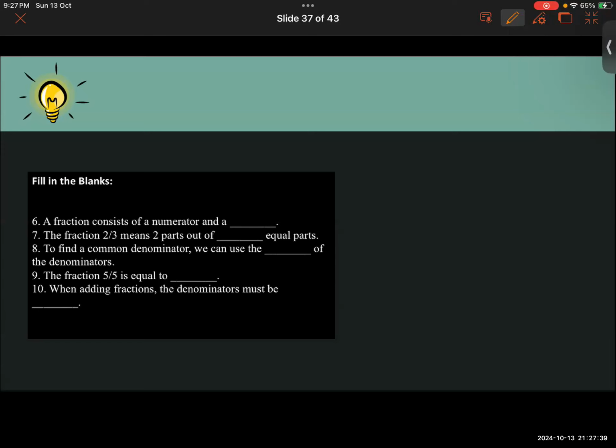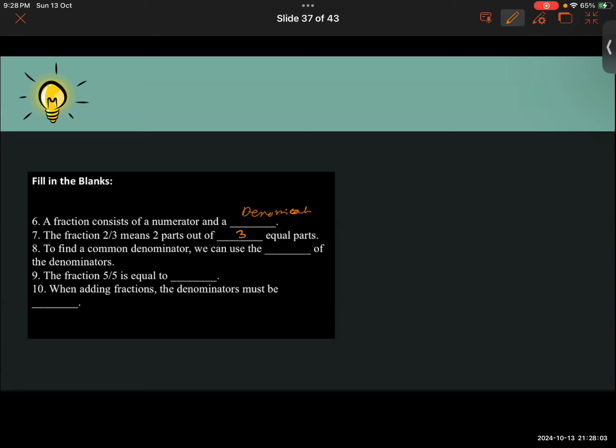Okay, a fraction consists of a numerator and a denominator. Good. The next question says that a fraction 2 upon 3 means 2 parts of 3 equal parts.